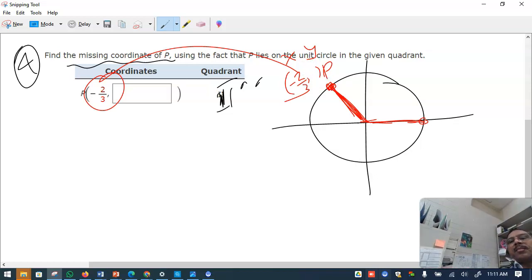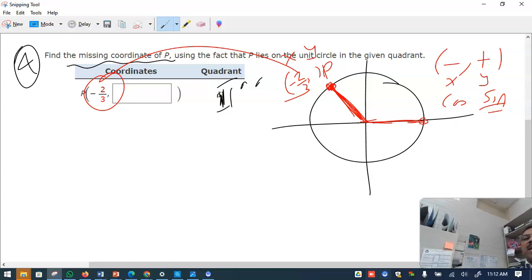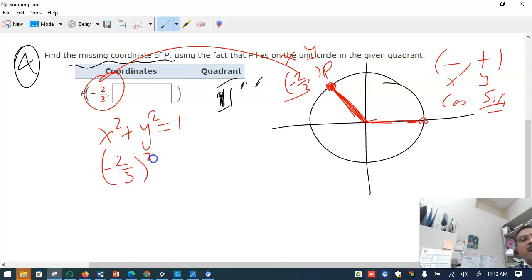In the second quadrant, it is minus and plus. That means it is x and y, and it is cosine and sine. So the cosine is going to be the negative part. You can use x squared plus y squared is 1. They gave us minus 2 over 3 squared, and y we need to figure out.